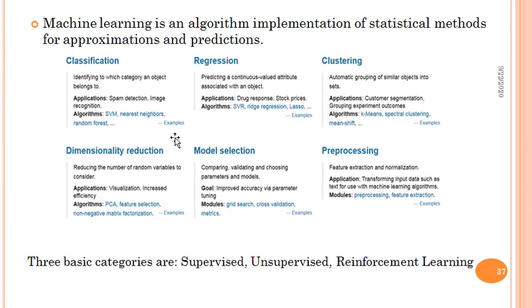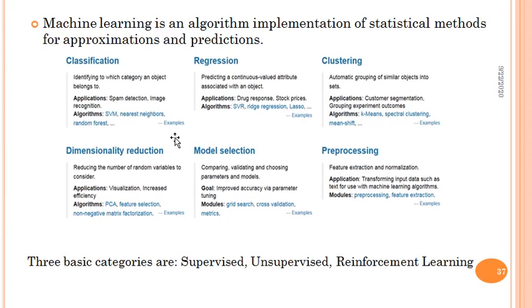In binary classification, we try to divide the input data set into two classes. In multi-class classification, we try to divide the data into more than two classes. Both belong to classification, and we use algorithms such as support vector machines, nearest neighbors, and random forests to do it.